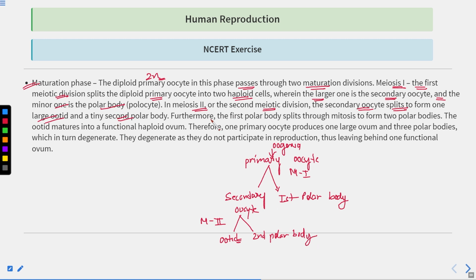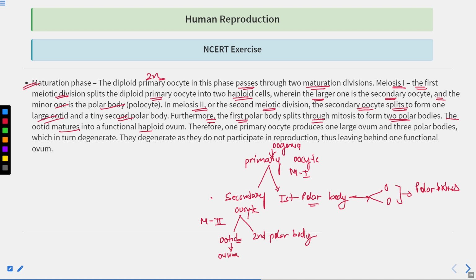Clear? Now what happens? The first polar body splits through mitosis to form two polar bodies again, because after mitosis two cells are formed. Clear? Now the oocyte will mature into the functional haploid ovum.